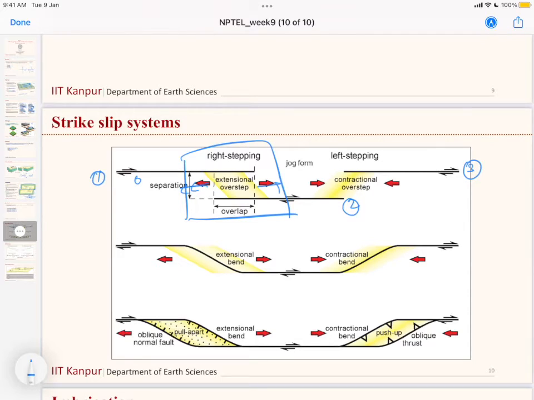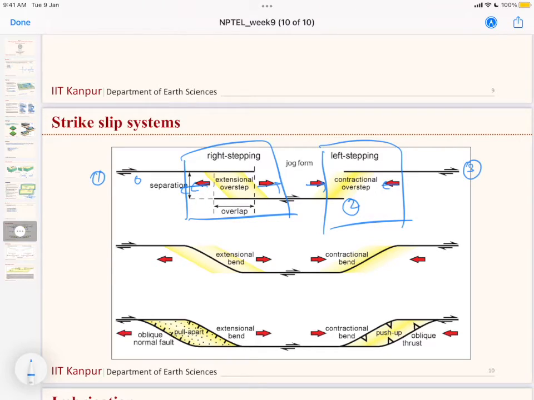In a similar way, if we see the second scenario over here, where they could connect, or here the connection will form, and how it will form we will see later on. We will see the direction of the upper block of the second fault is in the right hand direction, and the direction of the lower block of the third fault system is going towards left.